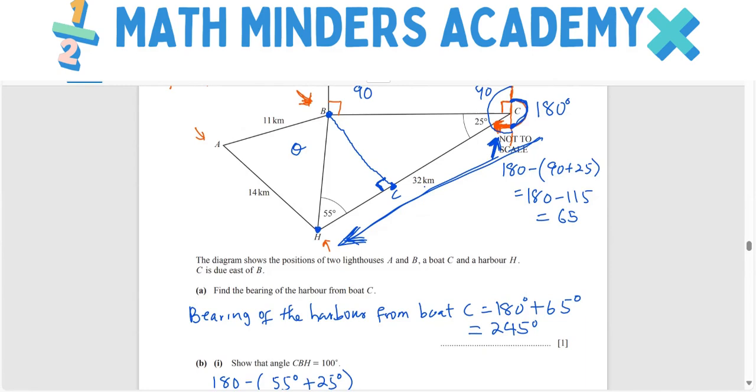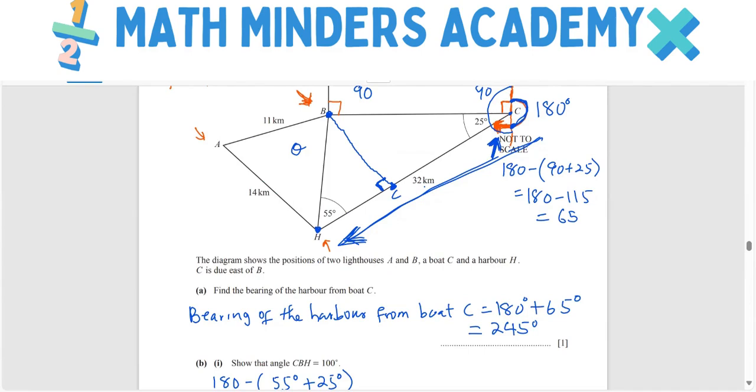The shortest distance from the lighthouse to boat C will be a line perpendicular to this path taking us from C to the harbor. So we are looking at BC.